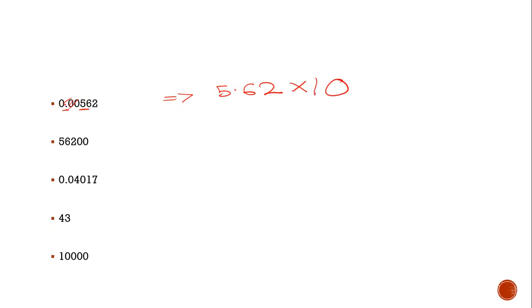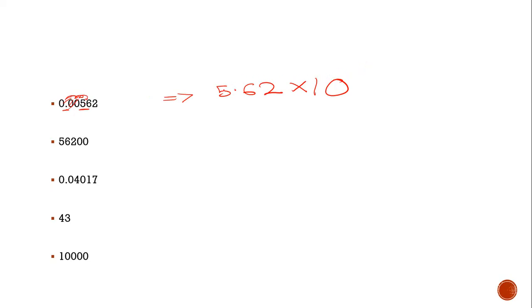The next thing we're going to check is how far did we move the decimal point? 1, 2, 3. So we moved the decimal point three times, or 3 places. Now, where did the decimal point come from? It came from the left.